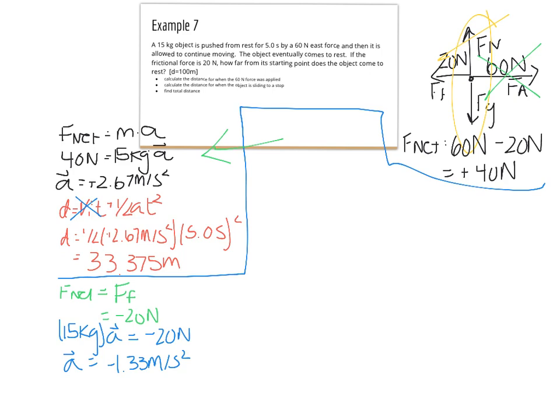This will help us because we could use then Vf squared equals Vi squared plus 2ad. Remembering that our final velocity, if it's slowing down because of friction, will be 0. Our initial velocity, in this case, will have been the final velocity in our first piece of information. We have acceleration, we can find distance.